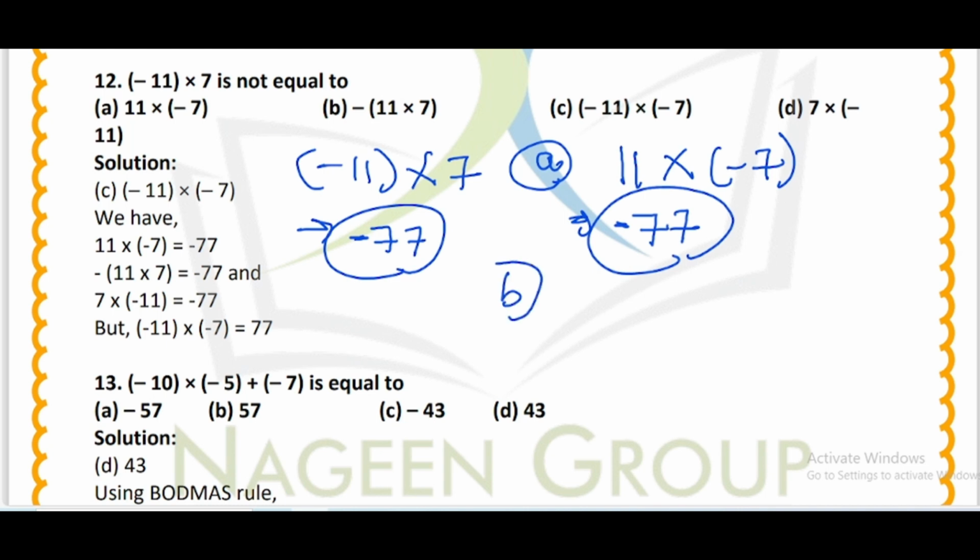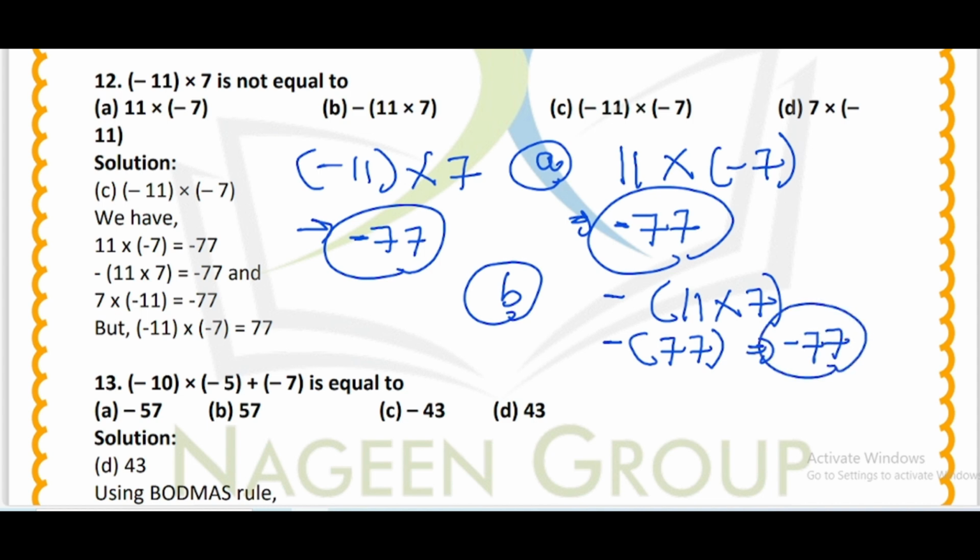Let's see part B, minus 11 into 7. First we solve the bracket, 11 into 7, that is 77, and plus into minus, that is minus 77. It means part B is also equal to minus 77. Then in part C, minus 11 multiply with minus 7.